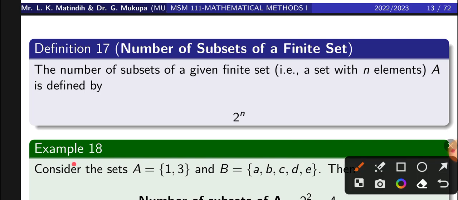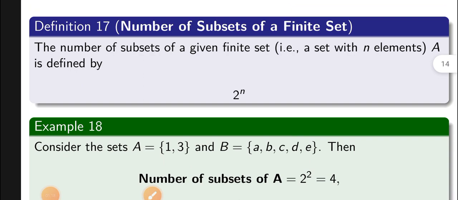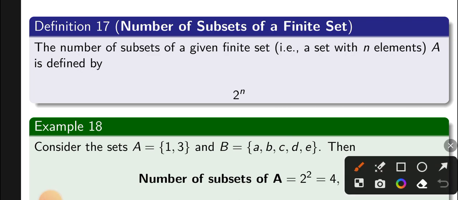If you want to know how many subsets are in a set, you can get that number by using this formula: 2 to the power n, where n is the number of elements in that particular set.